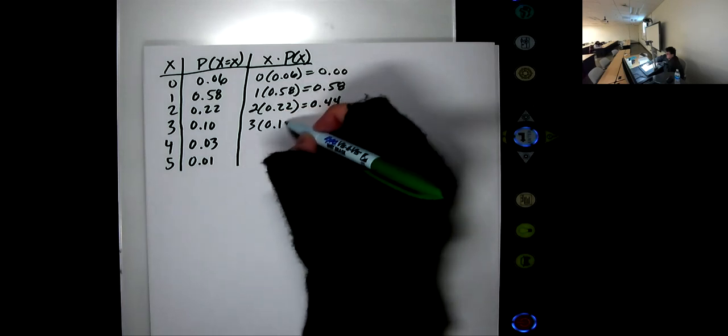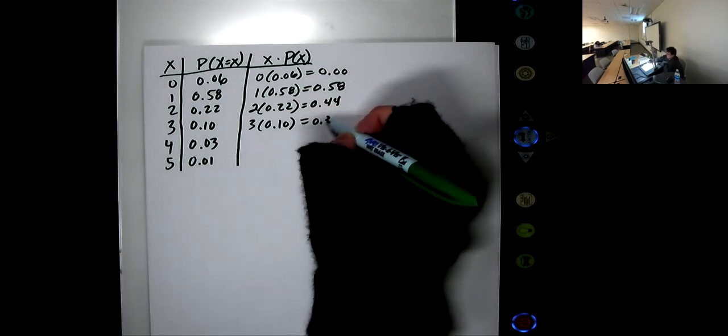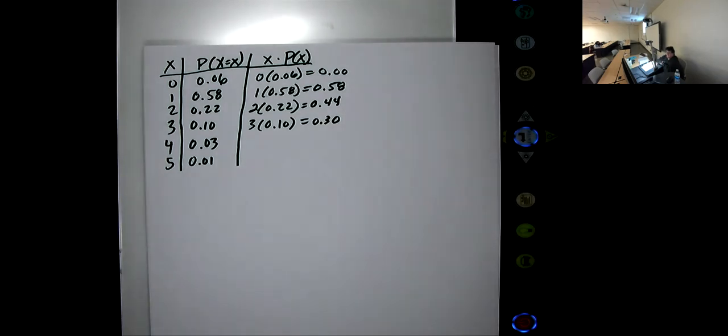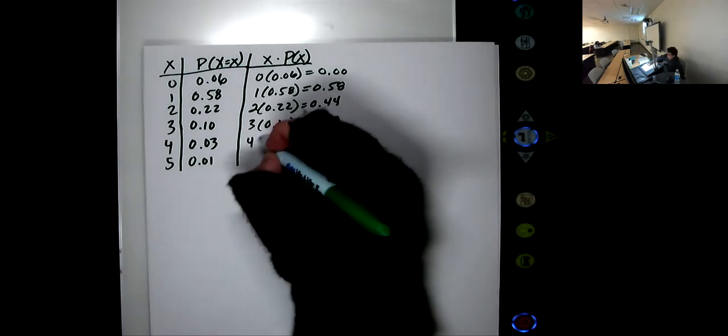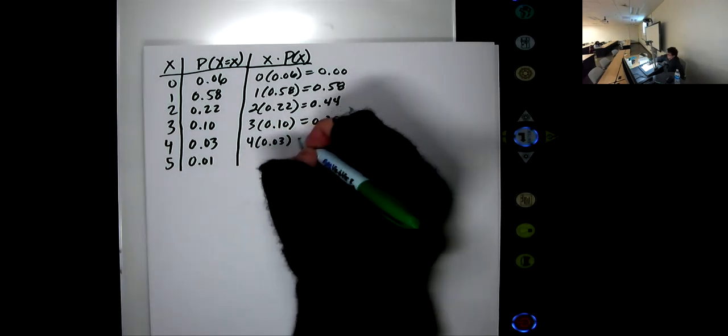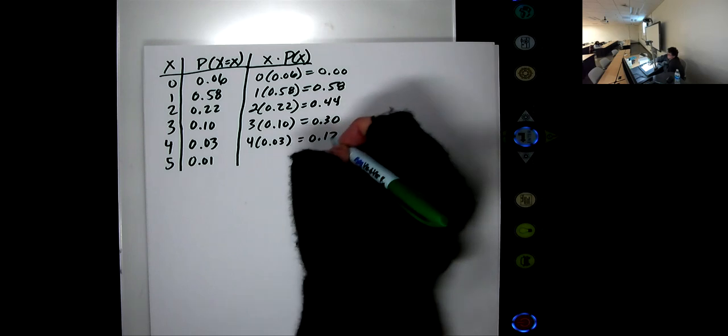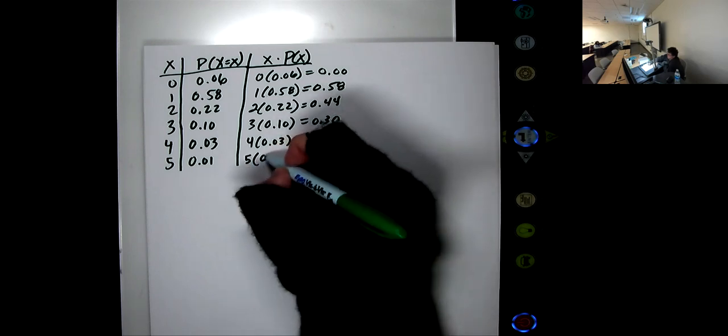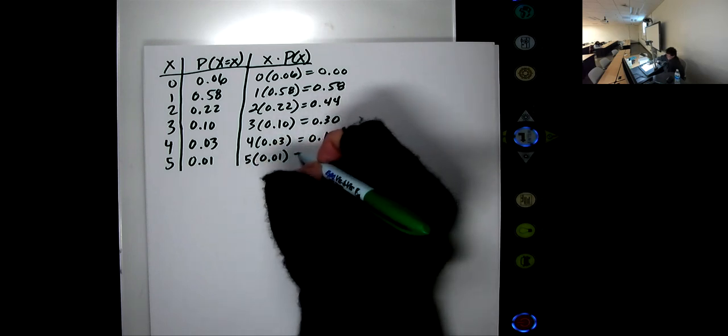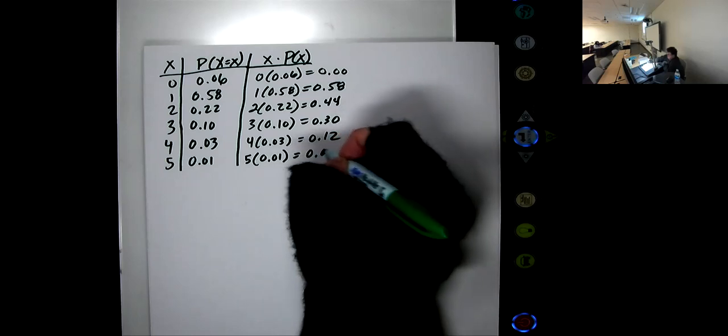Three times 0.10 is 0.30. Four times 0.03 is 0.12. Finally, 5 times basically a penny is 5 pennies.